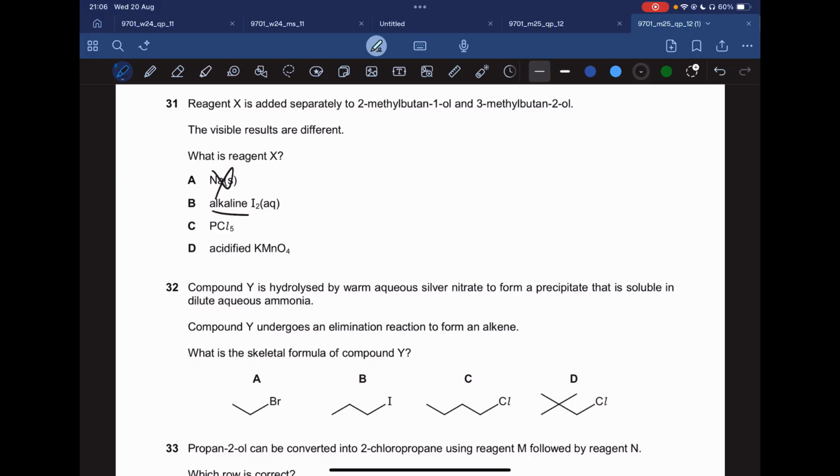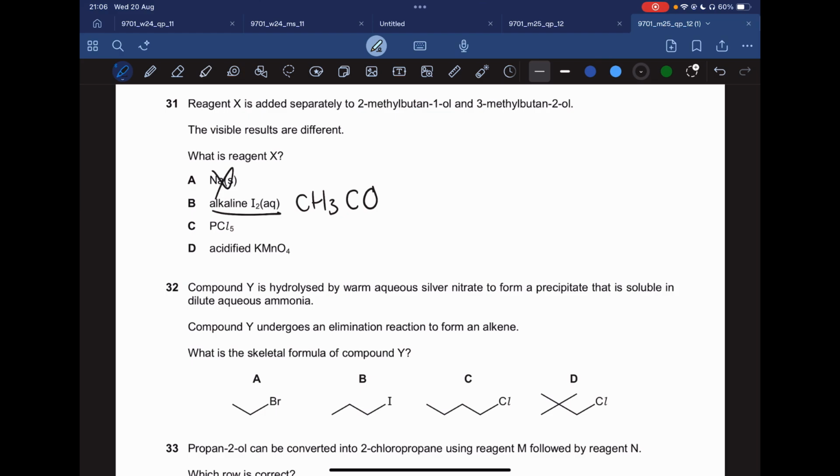Now, alkaline I2. Okay, remember this is your iodoform test. It is for your methyl ketone group.